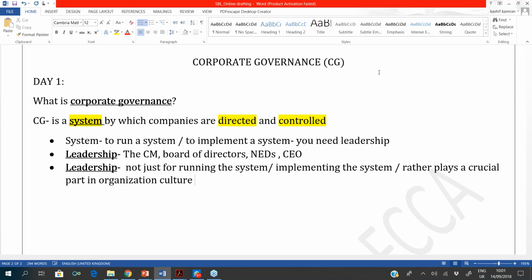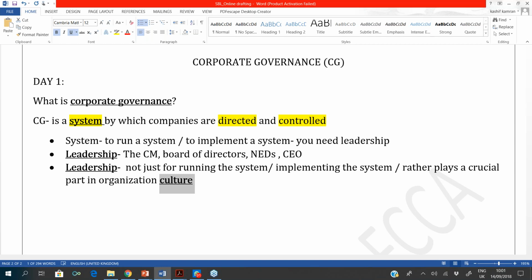Culture is a part which Mr. Ijaz Khan will take in his syllabus area, but try to understand the leadership. Without a leadership, can we run a system? It's impossible. Leaders run the system, implement the system, and set up the culture. See how crucial the leadership is.